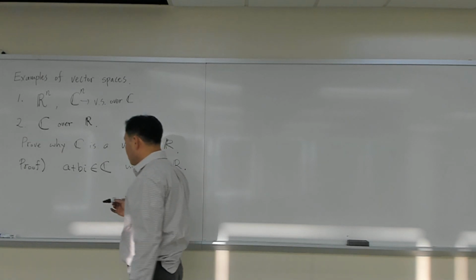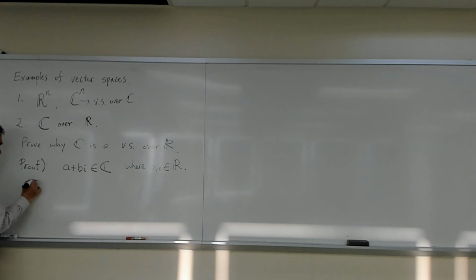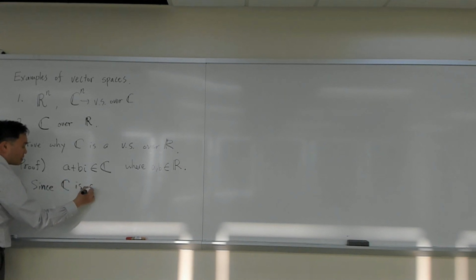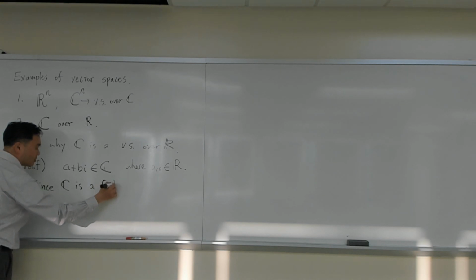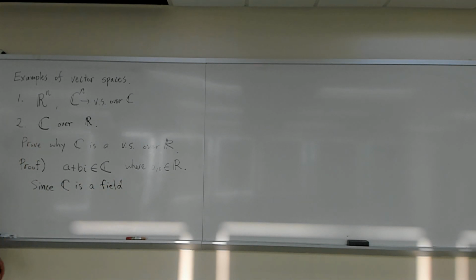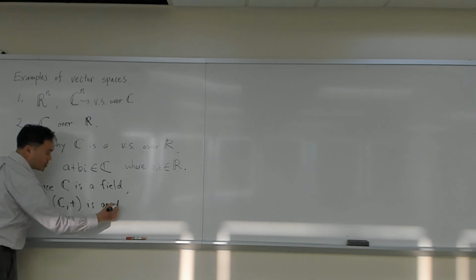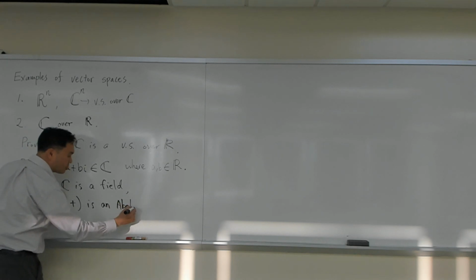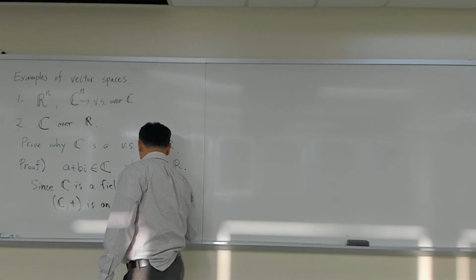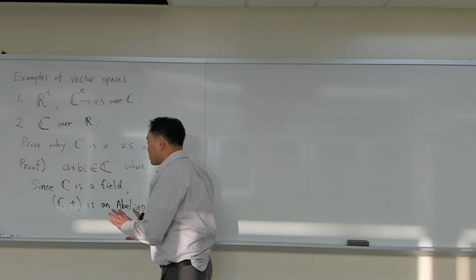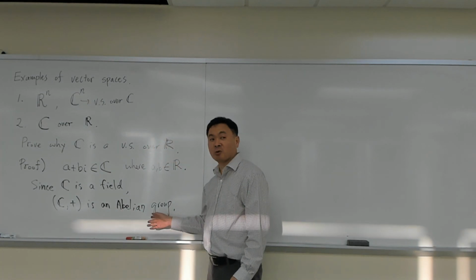Now, we can also say that since C is a field, and that's another thing that we're not going to prove, we'll just accept that that's true, C with the plus is an abelian group. By writing this, we don't have to check four properties.